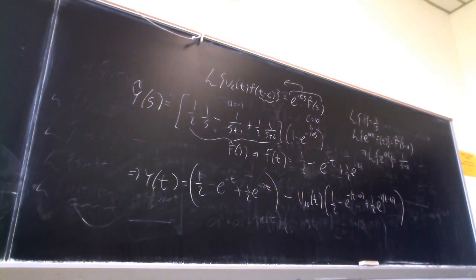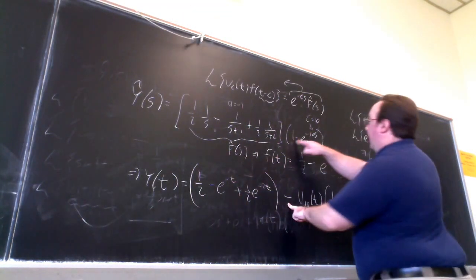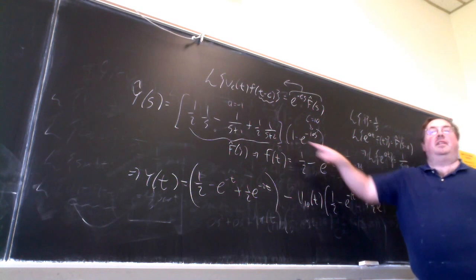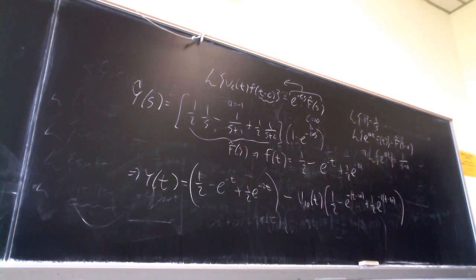Okay. So any questions about how that was obtained? Why is there a minus in front of u? Oh, this is a fact. Shouldn't the 2 on that be inside the parentheses? Wait, which two are you talking about?